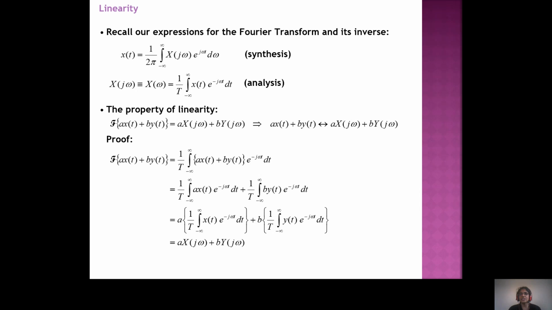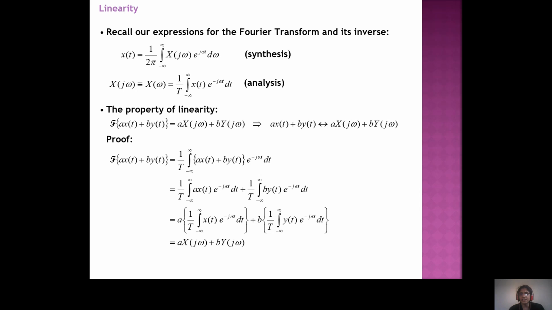The synthesis form is x of t equal to 1 by 2 pi integral from minus infinity to infinity of X of j omega e power j omega t d omega, and X of j omega is the integral from minus infinity to infinity of x of t e power minus j omega t dt. For these two equations, we will go through the different properties you get. First one is linearity.